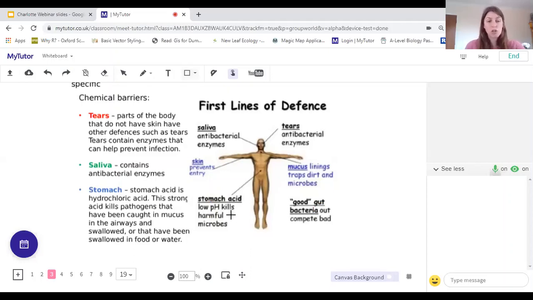It's got lots of hydrochloric acid, and it's a strong acid that kills pathogens that have been caught in mucus in the airways and then swallowed down to the stomach. The really low pH just kills those harmful microbes. So that's our first lines of defense.